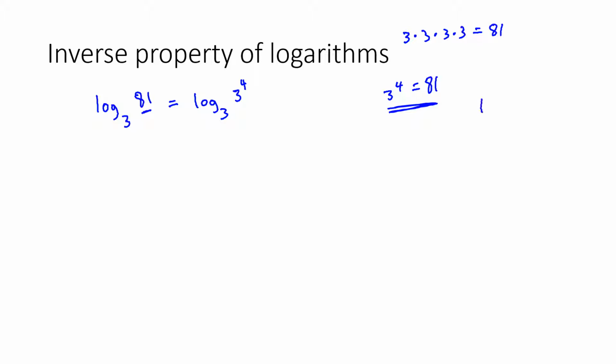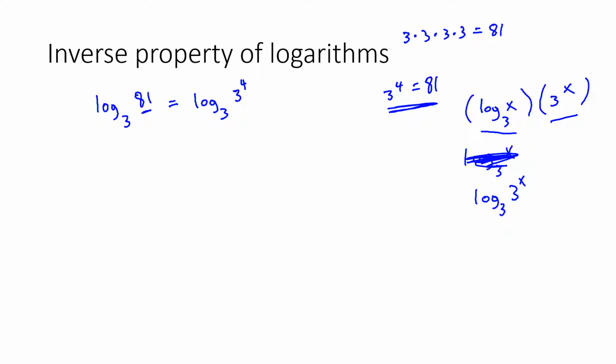So remember we said that a log and an exponential are inverses of each other. So when we combine them either as log base 3 of 3 to the x, or when we combine it the other way, with 3 as the base and the log as the power, because they're inverses of each other, when we compose them, we're going to end up simply with x.